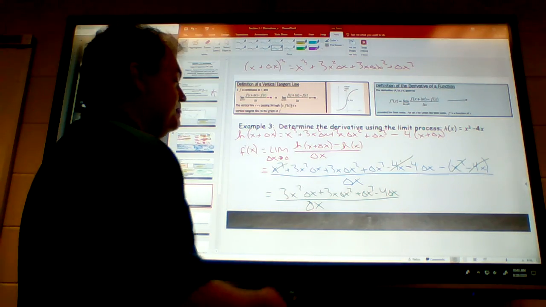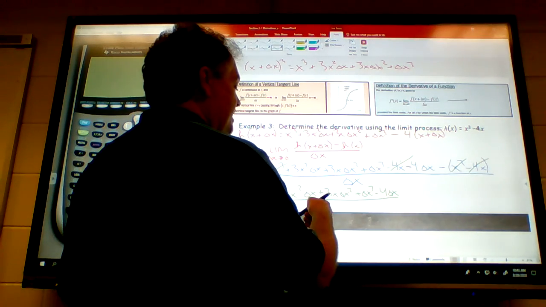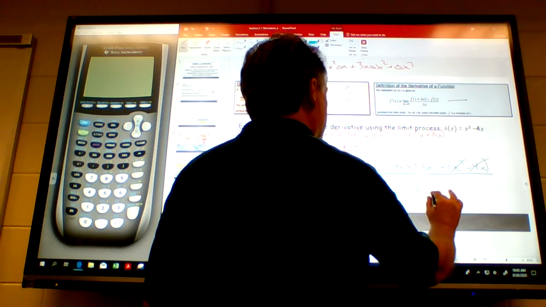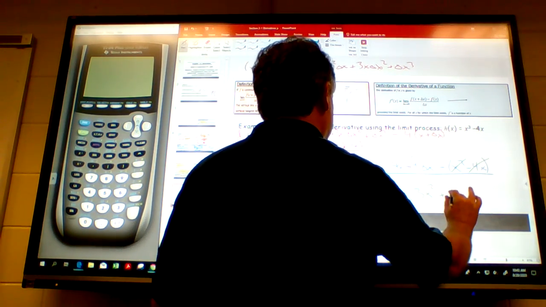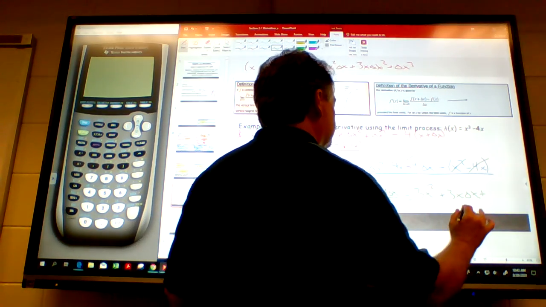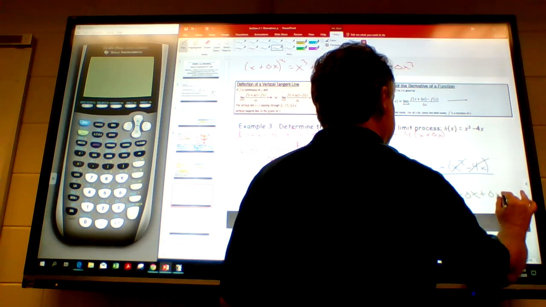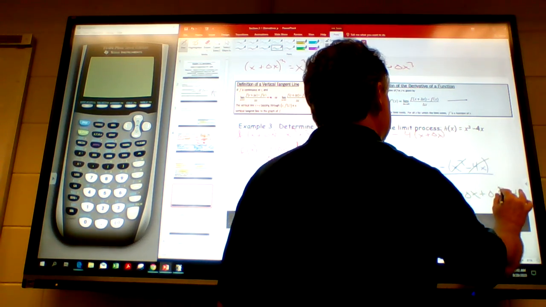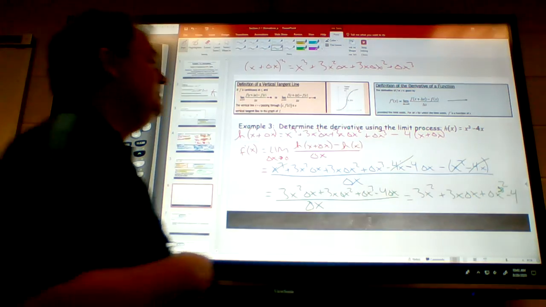All right. Now we divide out the delta x's, and we are left with 3x squared plus 3x delta x plus delta x to the third minus 4. Excuse me, that one should be squared, because I forgot to divide it out.